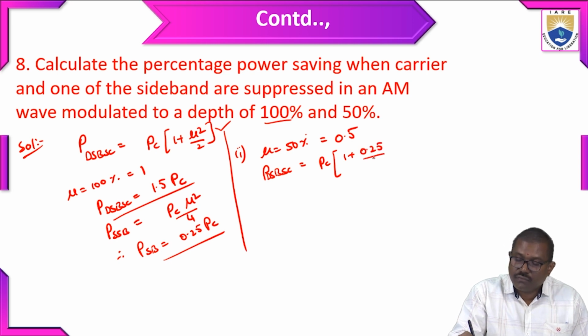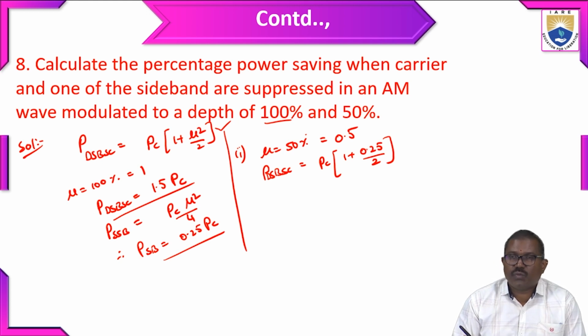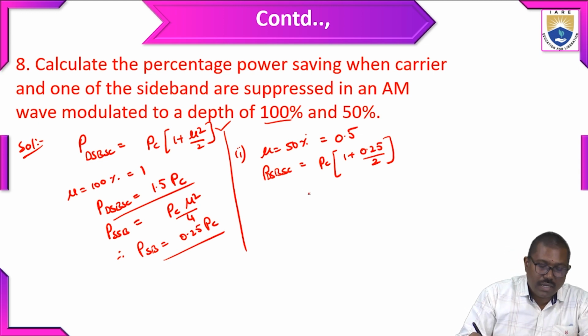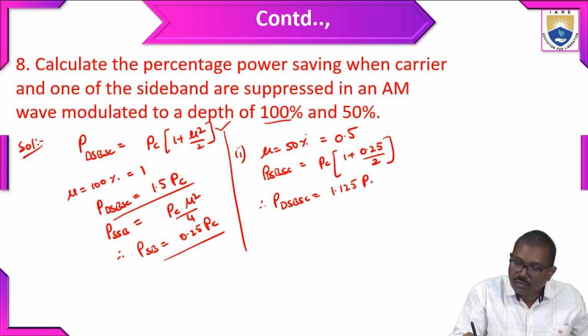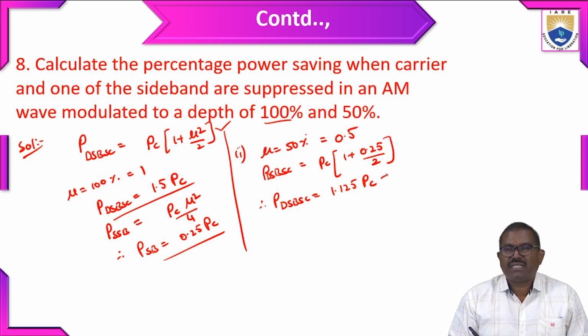So that is 1 plus 0.25 divided by 2. Taking the LCM, 2 plus 0.25 divided by 2, so it is 2.25 divided by 2, which is nearly 1.125. Therefore P DSB-SC is equal to 1.125 Pc. This is the first case.